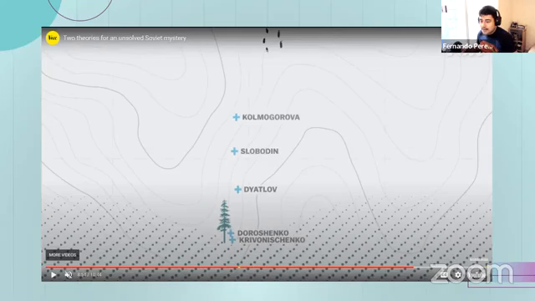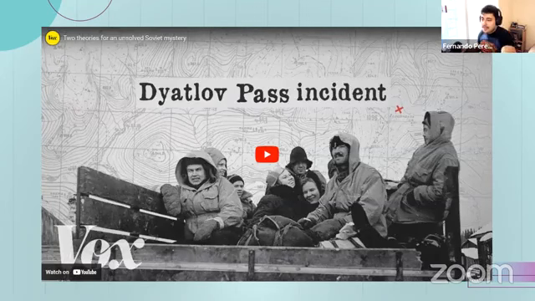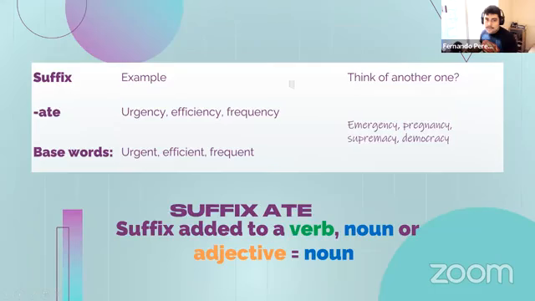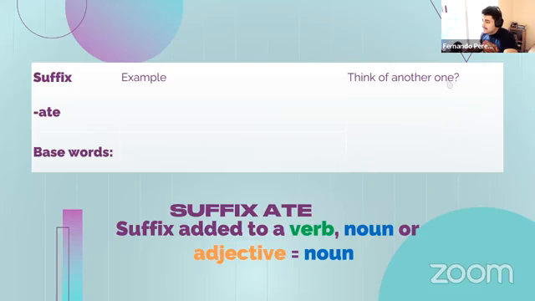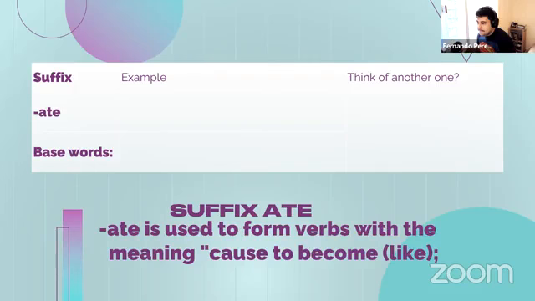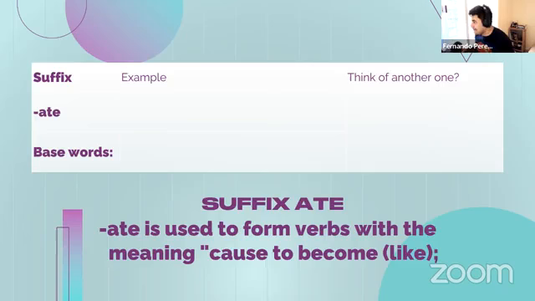Let's talk about, for example, the first suffix, -ate. The suffix -ate is used to form verbs with the meaning 'cause to become like'.